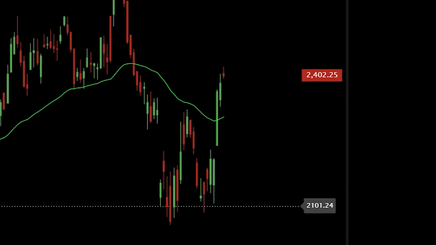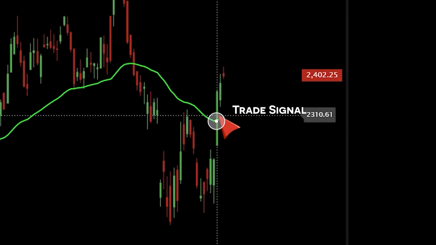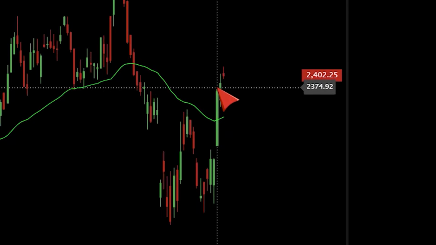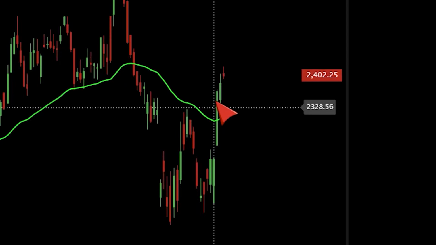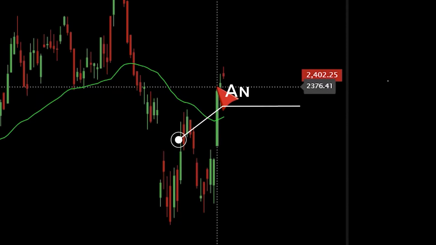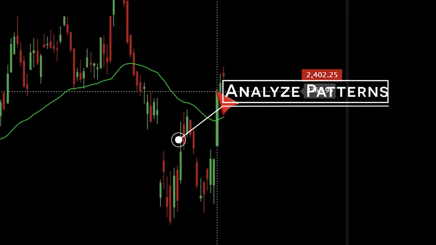So that gives us a signal that this may be a trade that we want to put on. What we want to look for are other signs that there might be a signal. So we're going to overlay a couple things. We're going to look at this bar and determine based upon this bar and this candlestick and how it fits here to see if we have some kind of pattern that makes sense.